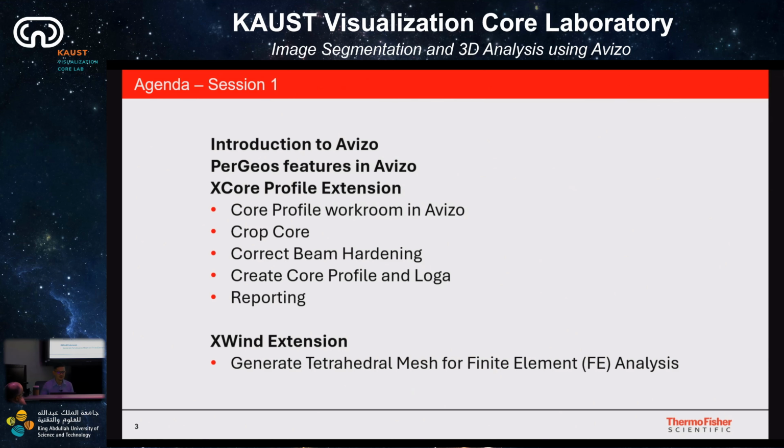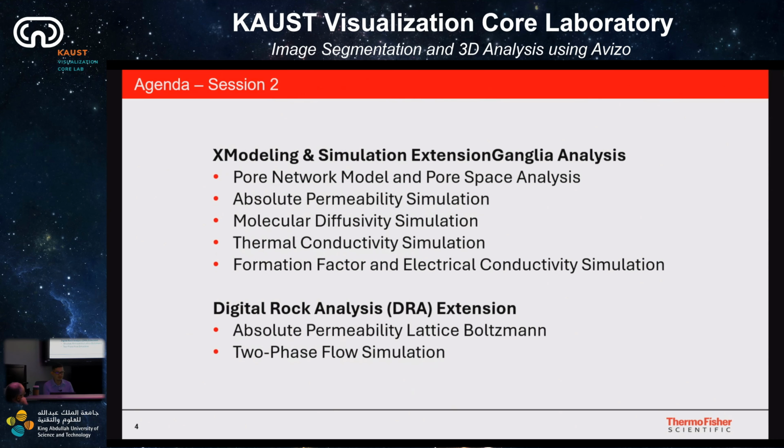And tomorrow we're gonna work more on modeling and simulation, including network modeling, absolute permeability, and some other simulation. Specifically for digital log analysis, we're gonna look at absolute permeability and two-phase flow simulation and some other stuff. But we will keep it open.